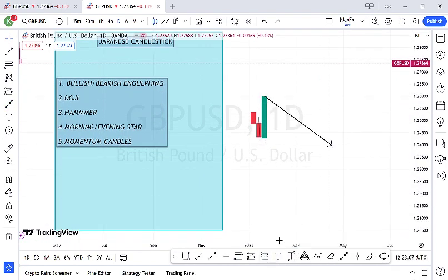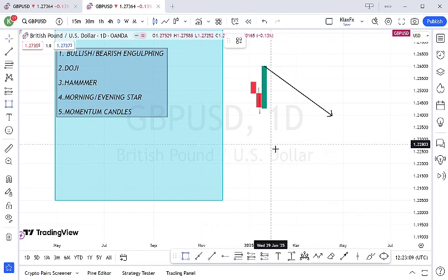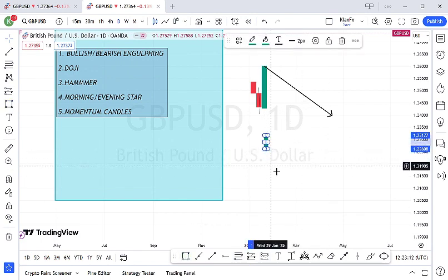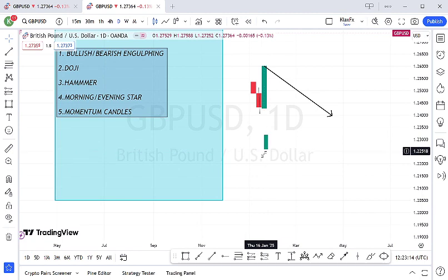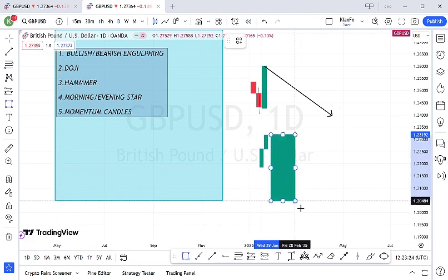Then when the candles are going up, and you have another candle coming down like this, engulfing them.